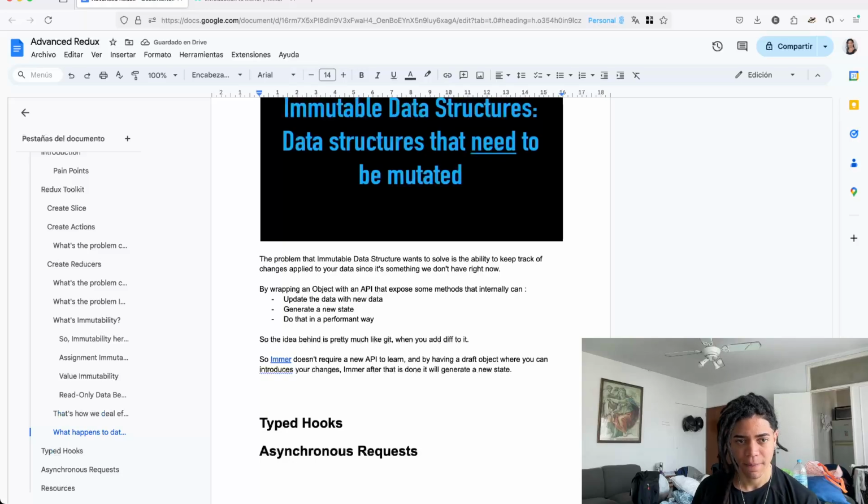Structura JS. Structura, not structuredClone. Operations per second. Immutable.js. Interesting.